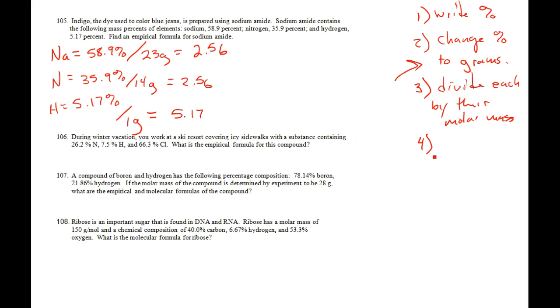Step 4 is now divide each number by the lowest answer. All right, so here we have 2.56, 2.56, 5.17. So I'm going to divide each one of these by the lowest answer.